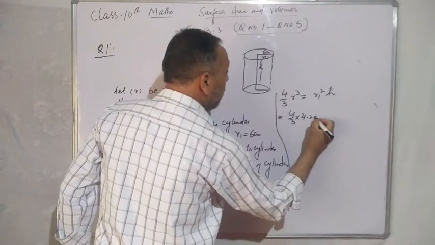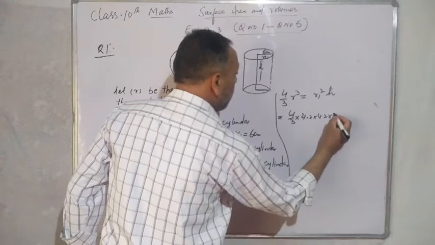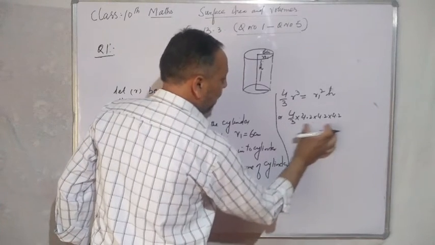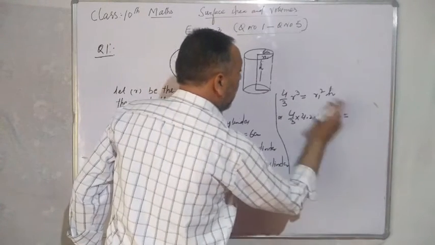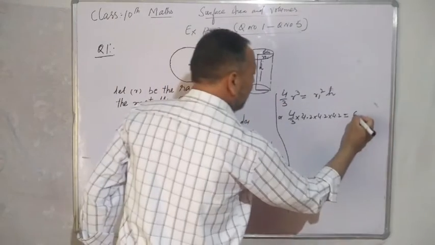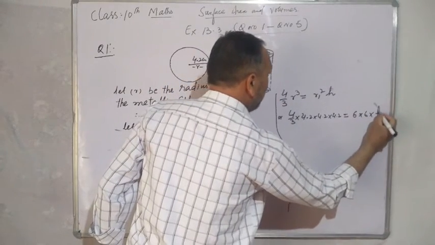R cube means 4.2 into 4.2 into 4.2, 3 times multiply 4.2. R1 square: what is r1? 6. It is 6 into 6. H we have to find out.